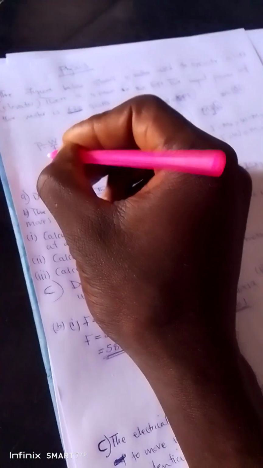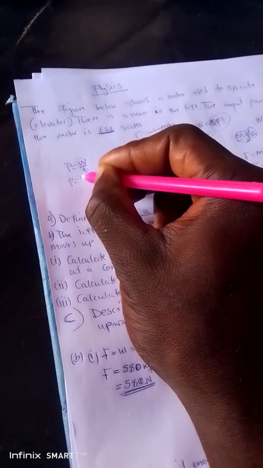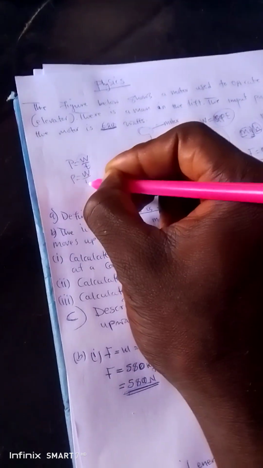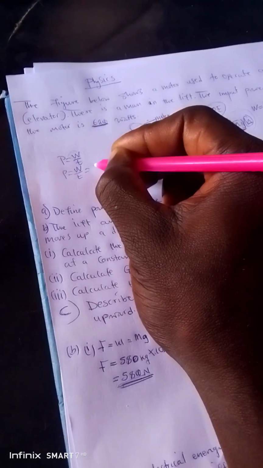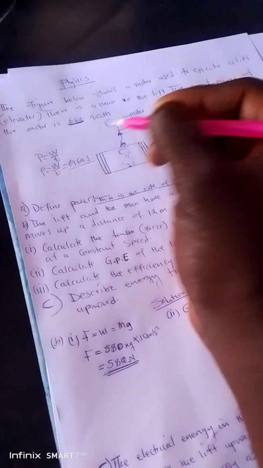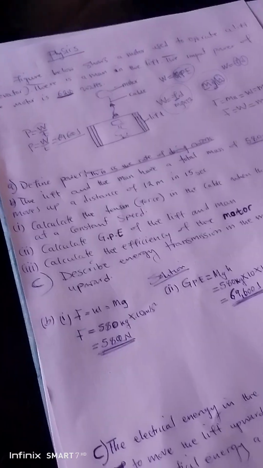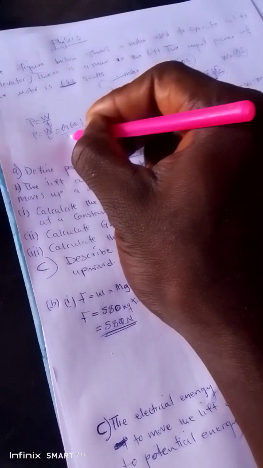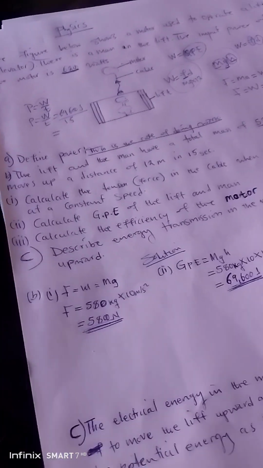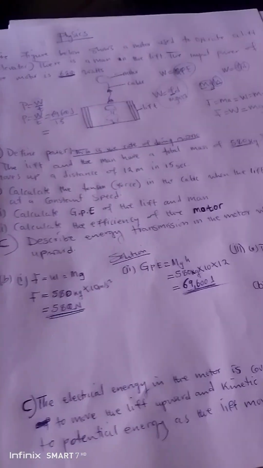Power is equal to work done over time, where work done is 69,600 joules. You divide it by the time, which is 15 seconds. When we evaluate 69,600 divided by 15, you are going to find 4,640.